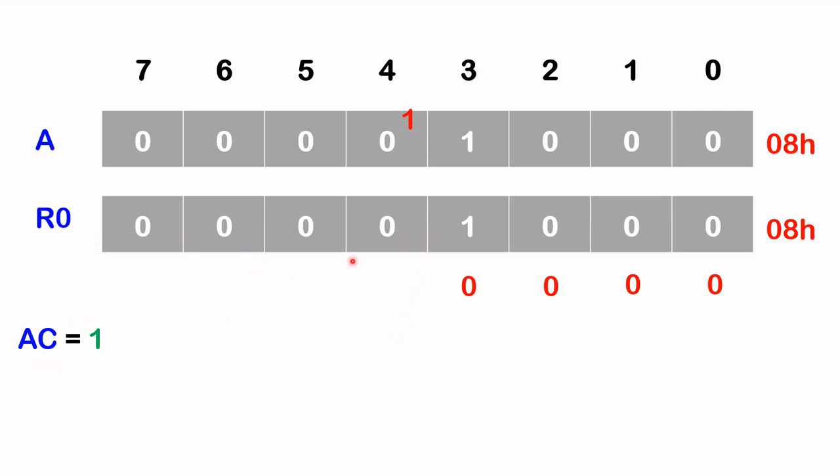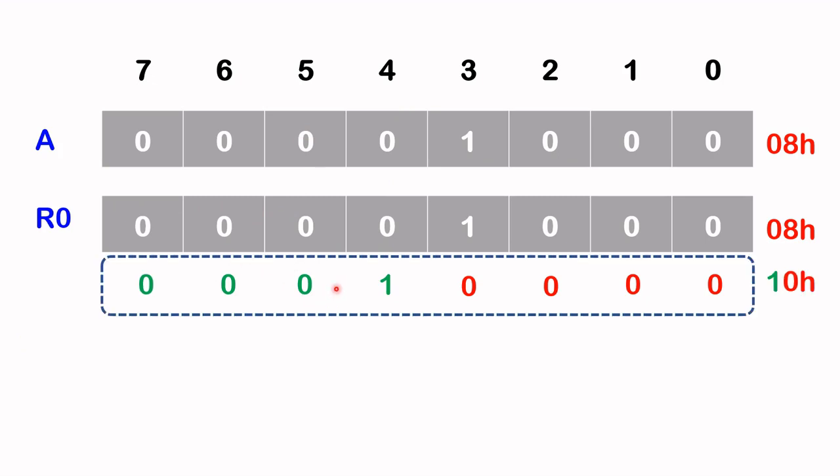So let's just finish off the addition. So 0 plus 1 will be a 1, 1 plus 0 is a 1, and the rest of these 3 bits will be 0. Now this result due to the addition, which is 10 hexa, will be stored into the accumulator.